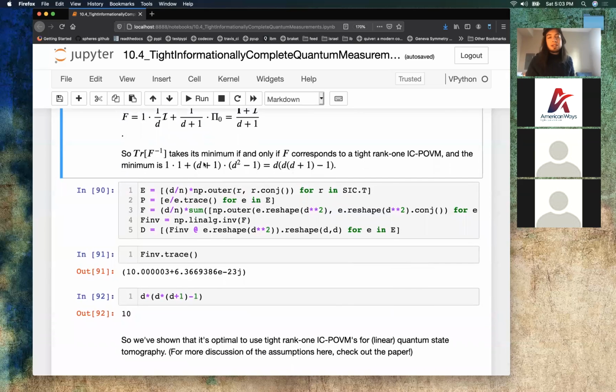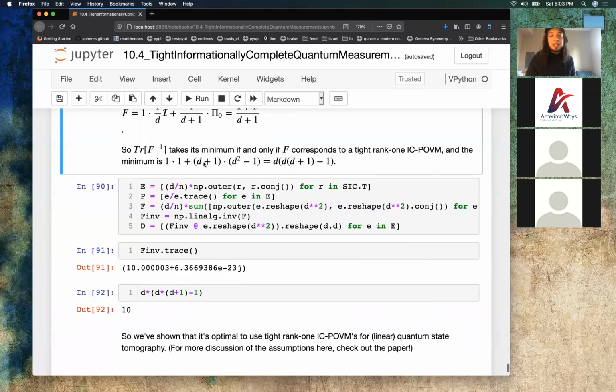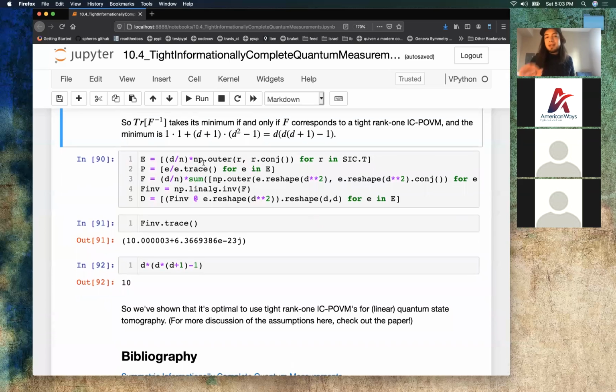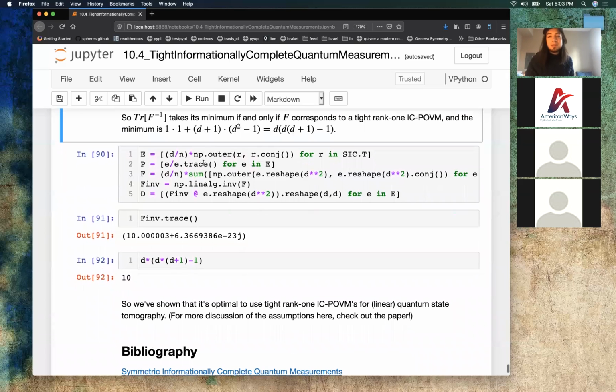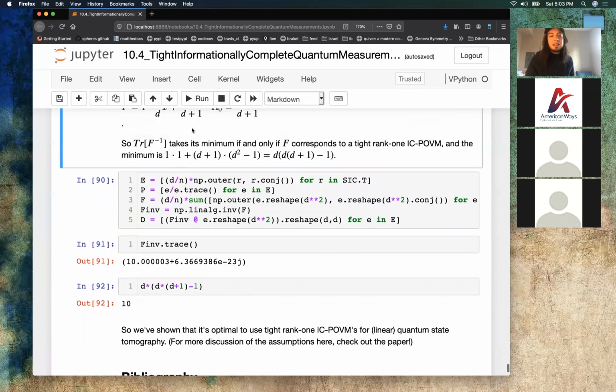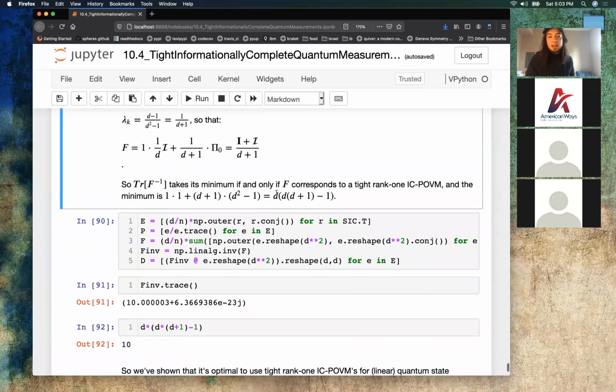And so the trace of F inverse takes its minimum if and only if F corresponds to a tight rank 1 IC POVM. And this is where this comes from, because one of the eigenvalues is 1. The rest of the eigenvalues, there's d squared in total, are d plus 1.